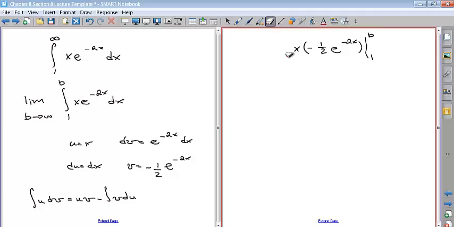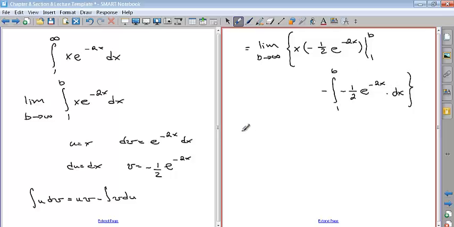And what I'm going to do is take the limit as b goes to infinity, and then we'll put this whole thing in the brackets, because we're going to have to do that. And then the second part is negative the integral of v, which is negative 1/2 e to the negative 2x, times du, which is dx. We're integrating from 1 to b. Put the other bracket to put that all together.